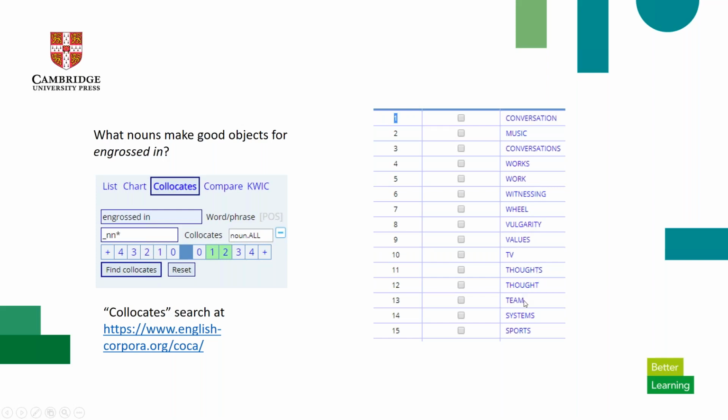Well, let's see, team. I guess a team is made of people, but it doesn't look to me like that's a very likely collocate. So a student would probably, from this result, say, I don't think that this evidence shows I should say engrossed in and follow it with a noun phrase for people.